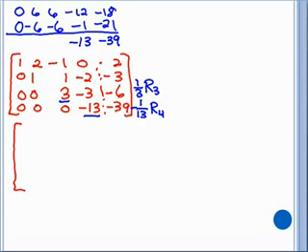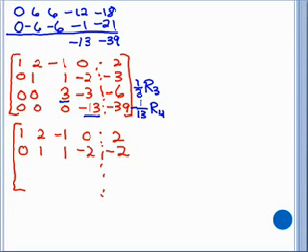So now my final matrix in row echelon form is now we have 1 and negative 1 and negative 2, and we have 0, 0, 0, 1, and 3.